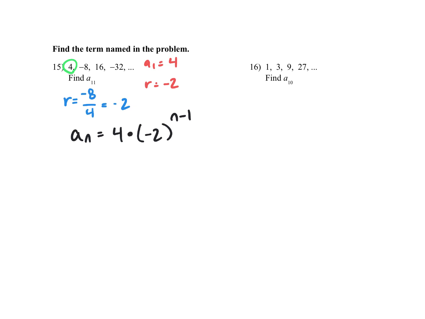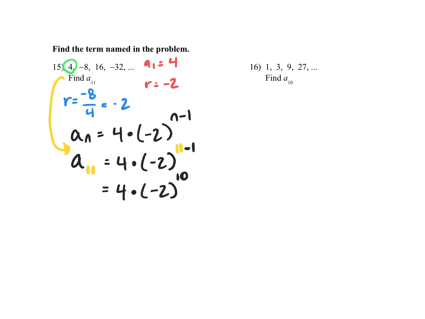Now that I have done this, I've got to finish this problem. They asked me to find the 11th term. So that means I need to find a to the 11th instead of a to the n. So that means I would get 4 times parentheses negative 2 to the 11 minus 1. There you get 4 times negative 2. 11 minus 1 is 10.